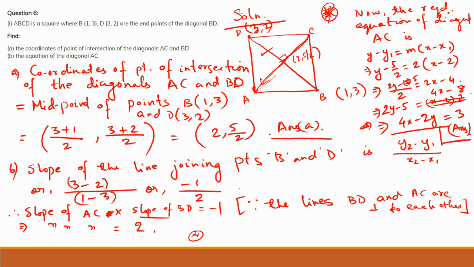From there you put it in the equation y minus y1 equals m times x minus x1, the one point formula basically, where you know the slope and you know one point, to get the equation of this straight line. Hope this is clear to you. Now we will move to the next problem.